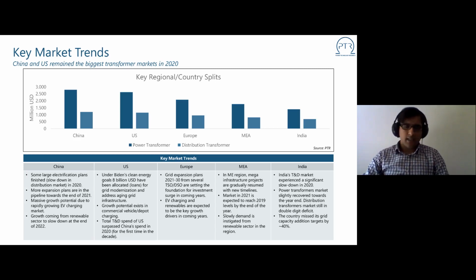Let's discuss some of the key trends and drivers of the market, and then also look at the outlook of transformers and the overall power grid market. The slowdown that we discussed in the distribution transformers market came in a big portion from China. A lot of the projects, especially the rural electrification projects, finished towards the end of 2019.